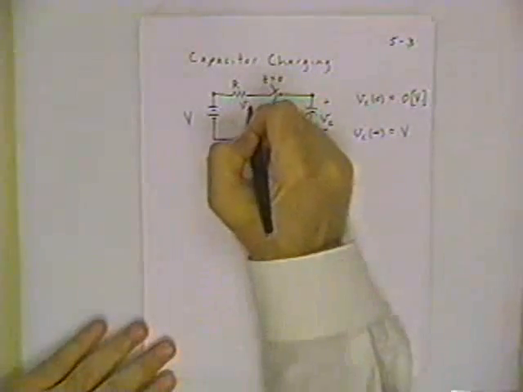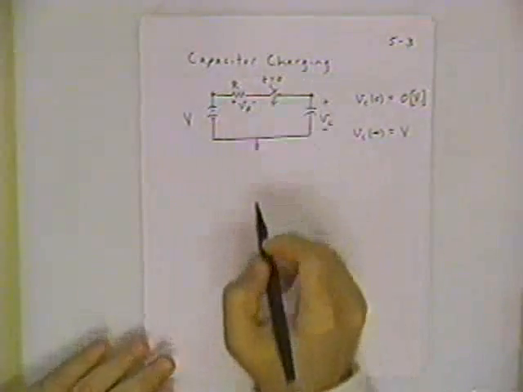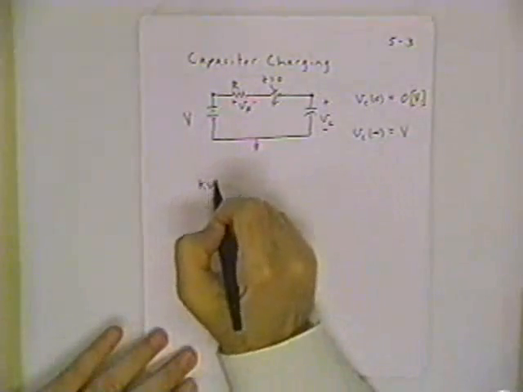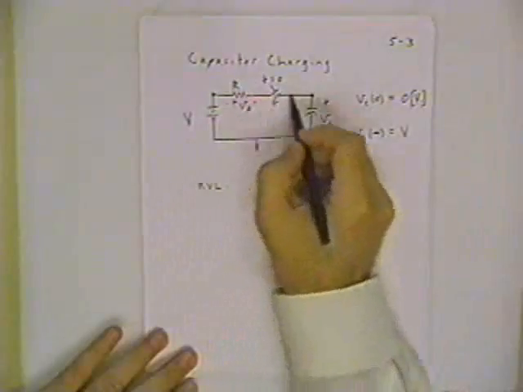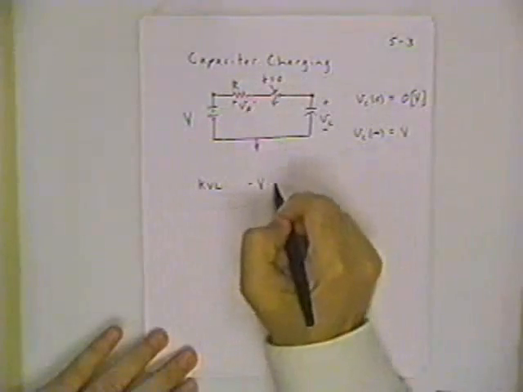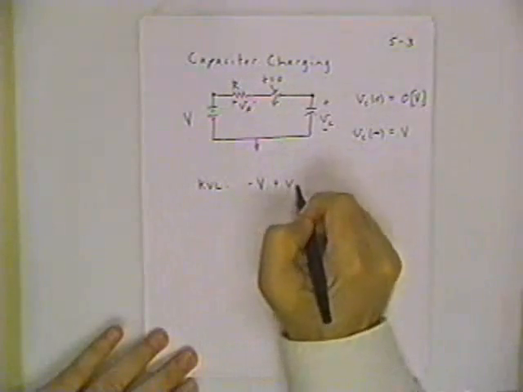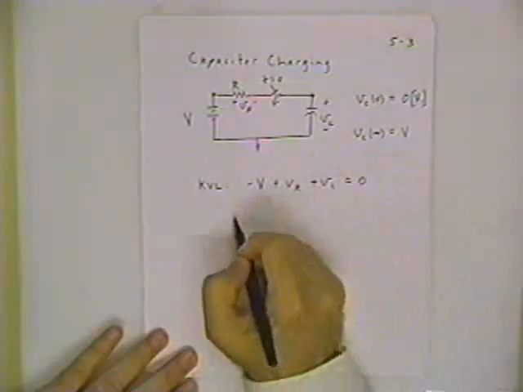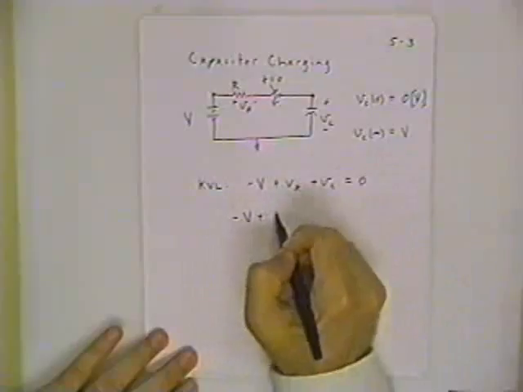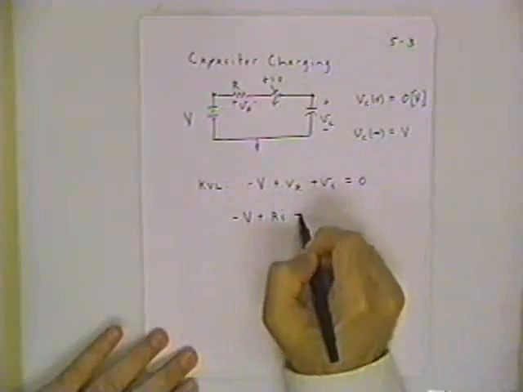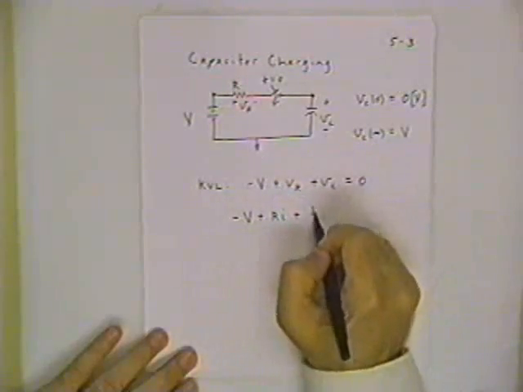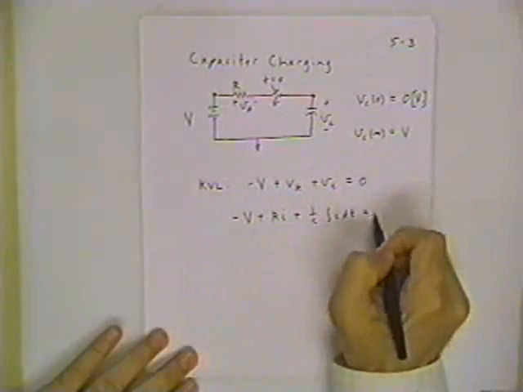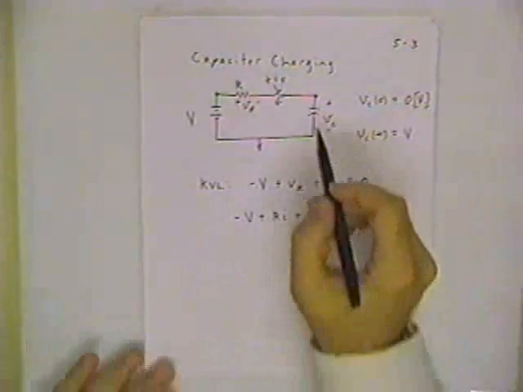Okay, well, what I want to do is the same basic setup, and it's so similar I'll step through it fairly quickly. The Kirchhoff voltage law, going around this loop clockwise: minus V plus V sub R plus V sub C equals 0, minus V plus R times I, and now we need a plus sign, and you should remember that's from the passive sign convention.